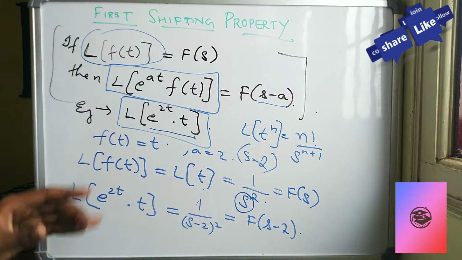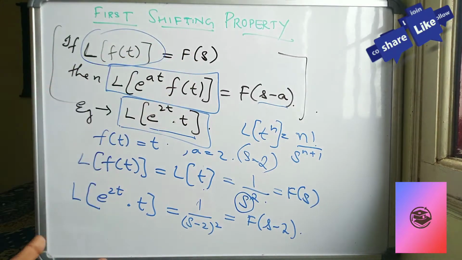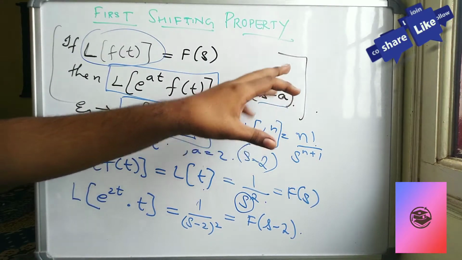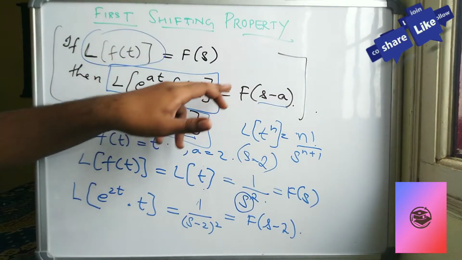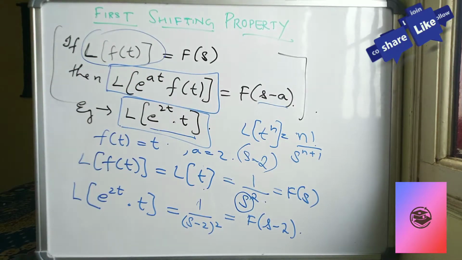After finding that, that will be a function of s. In place of s, you have to place s minus a to find the Laplace transform of this term. Now we will try to analyze this by doing one more problem.